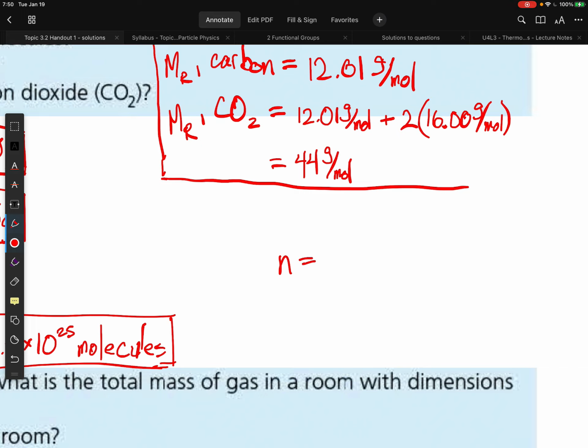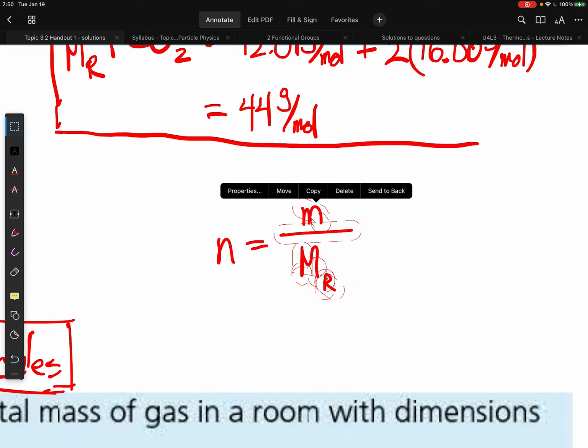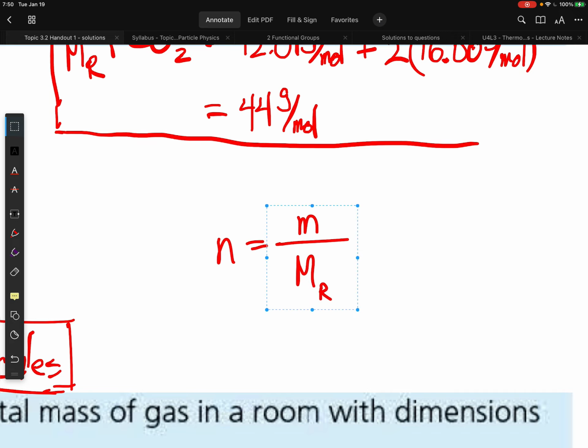n is equal to the mass of substance divided by the molar mass of a substance. Now, the molar mass of a substance can be easily obtained from the periodic table, as you will recall from chemistry. However, in IB physics, you are not given a periodic table. So, that is a little bit problematic.